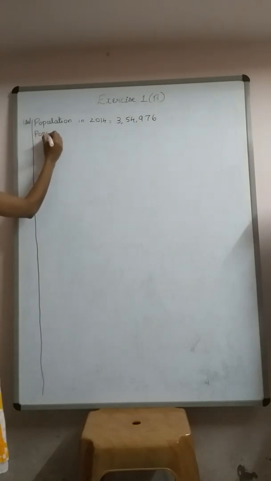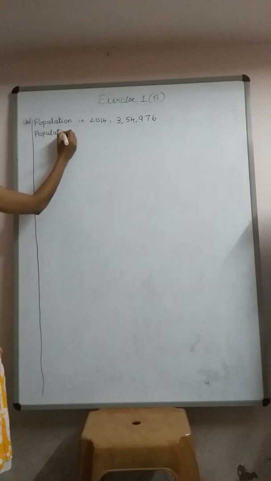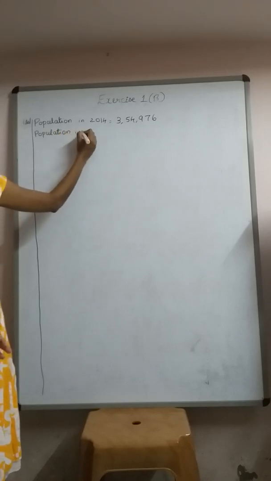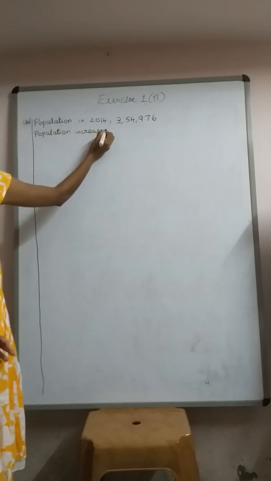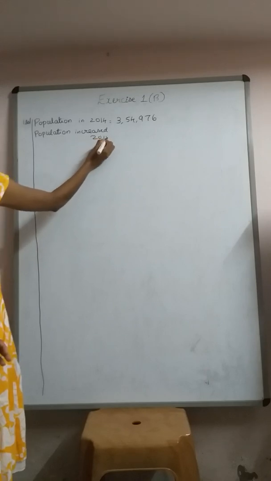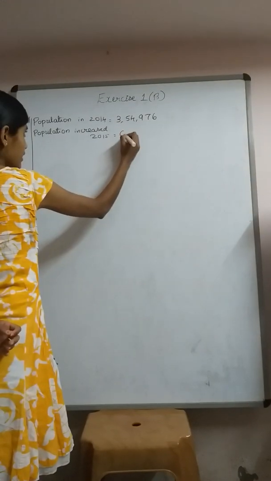Okay. So next you need to write population increased. Increased in which year? 2015, mention here. Equals to 68,438.